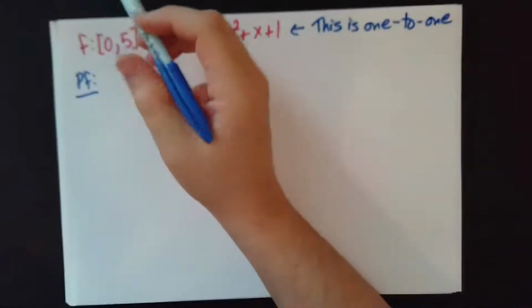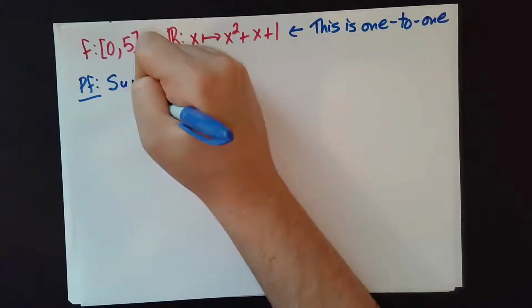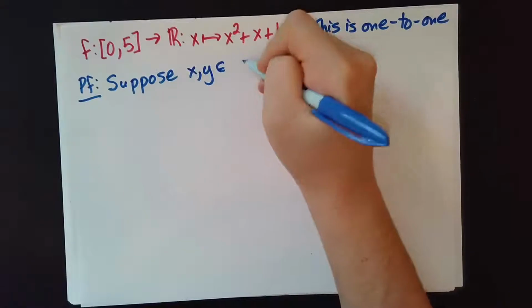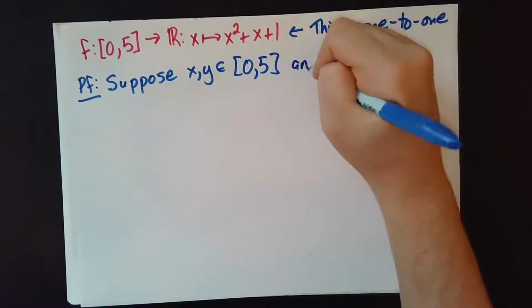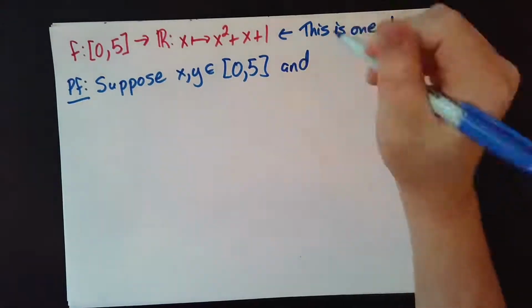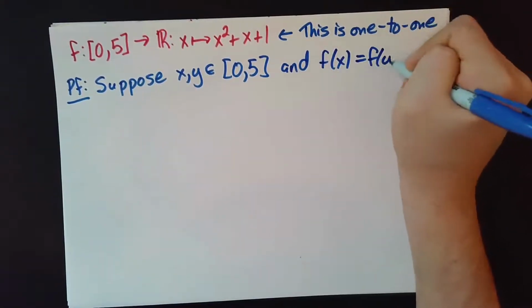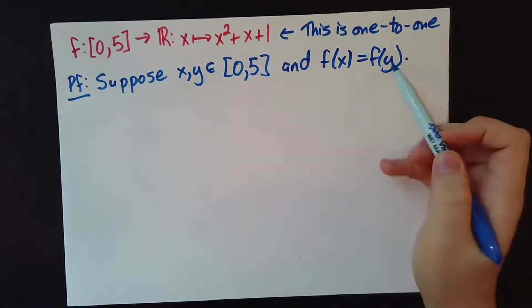Okay, so again, I need to show that if I start with x and y in the domain, and it so happens that they map to the same place, that tells me that, in fact, x and y are equal.